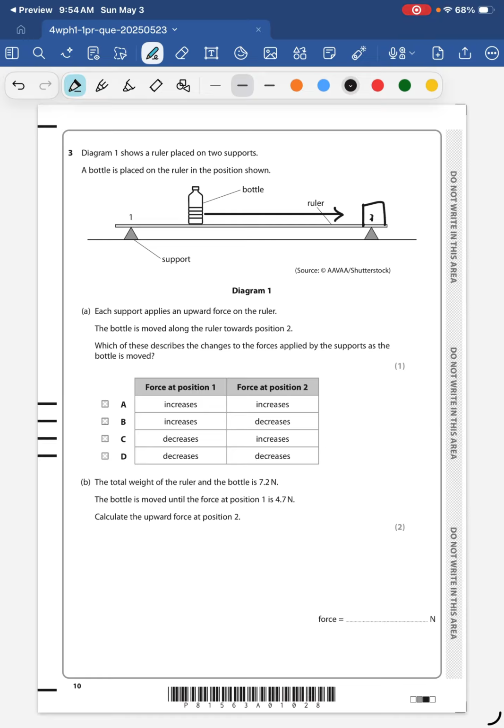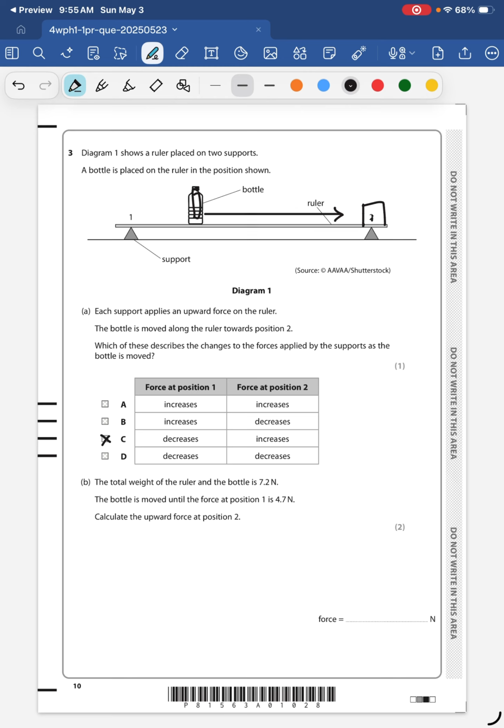So it will need to increase the force. Whereas if it's over here, a very small portion of the weight goes on this support. So the answer is C. So as we move it closer to position 2, the force at position 2 increases and the force at position 1 decreases. If this doesn't make sense, ask me in the comments and I will provide further explanations.